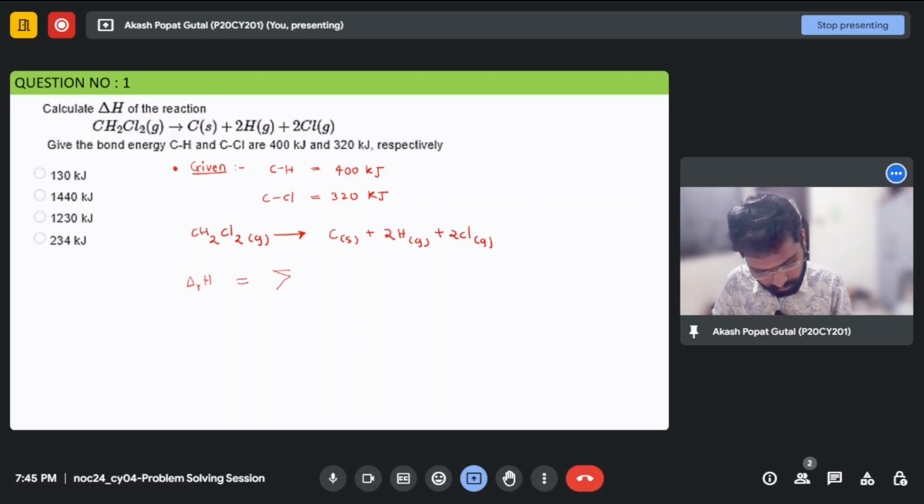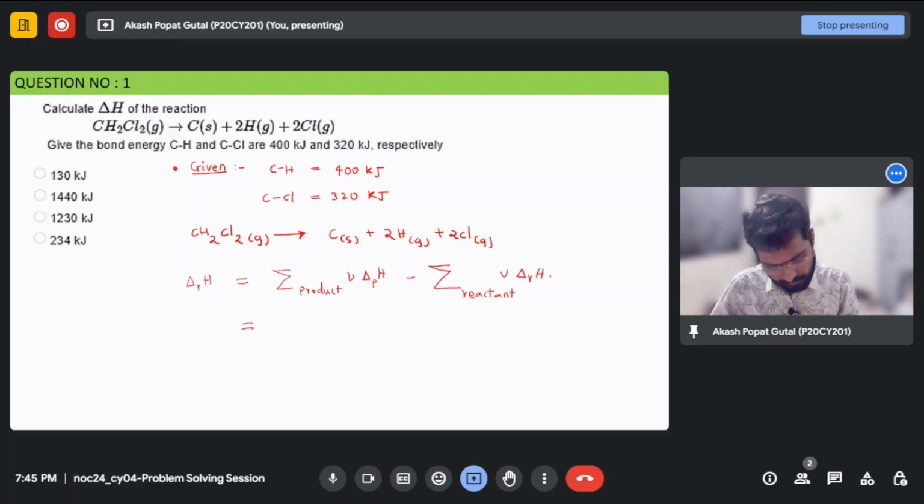We can write the change in enthalpy for this reaction as the summation of products minus reactants. In the products we have C: 1 into delta H of carbon, plus 2 into delta H of hydrogen, plus 2 into delta H of Cl.